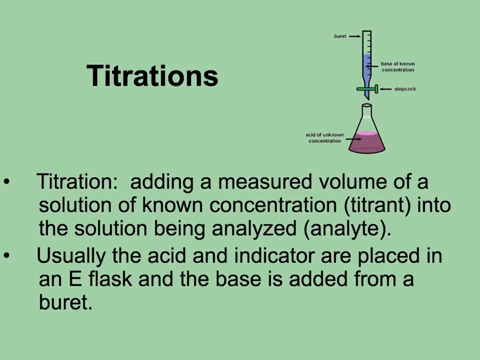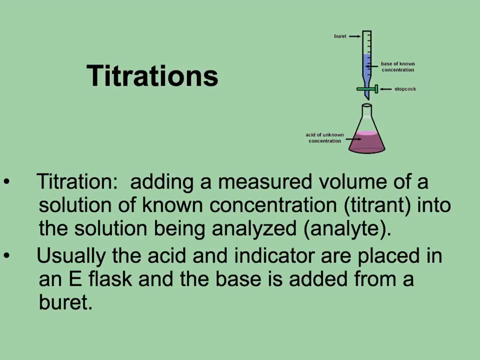You put it in an Erlenmeyer flask, and you titrate it with a base. That base obviously has to be known, so you need to know the concentration of it. You keep adding the base until the reaction is done, until it's neutralized. You figure out how much base you've added, and you can figure out how many moles of base you used, and therefore how many moles of acid, and you can figure out the concentration.